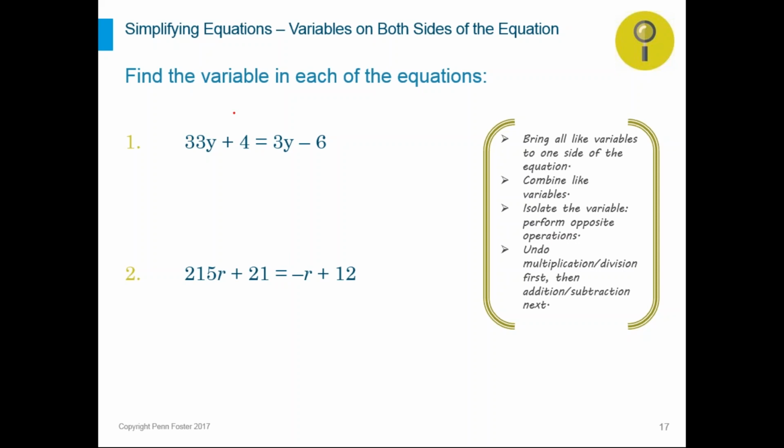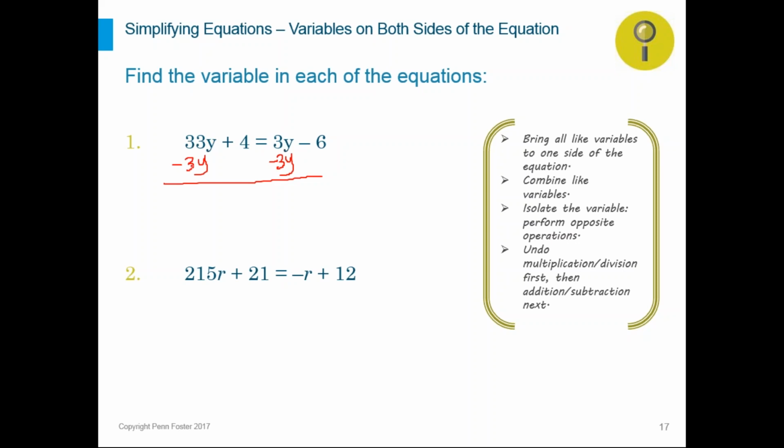So I need to subtract 3y and do the same thing for the other side. Remember? Minus 3y. And then that will shift the 3y over to the left-hand side.